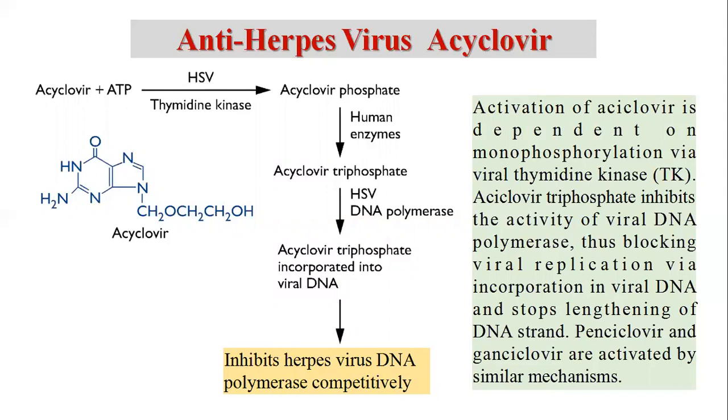And then this triphosphate will competitively bind with HSV or varicella zoster virus VZV DNA polymerase and will incorporate into the viral DNA, finally inhibiting the herpes virus DNA polymerase competitively.